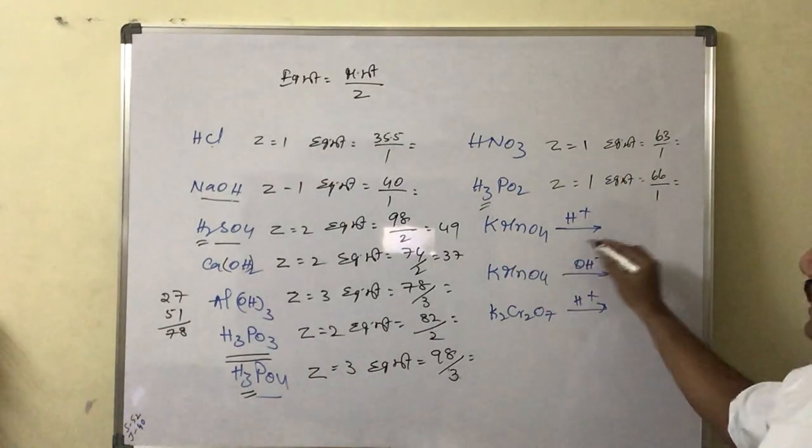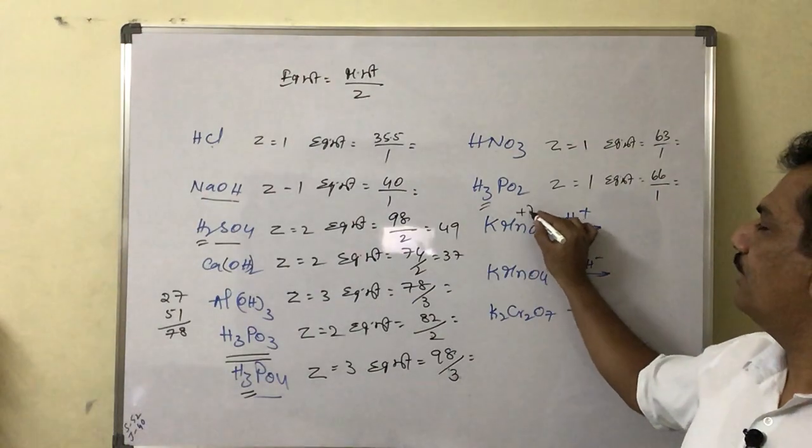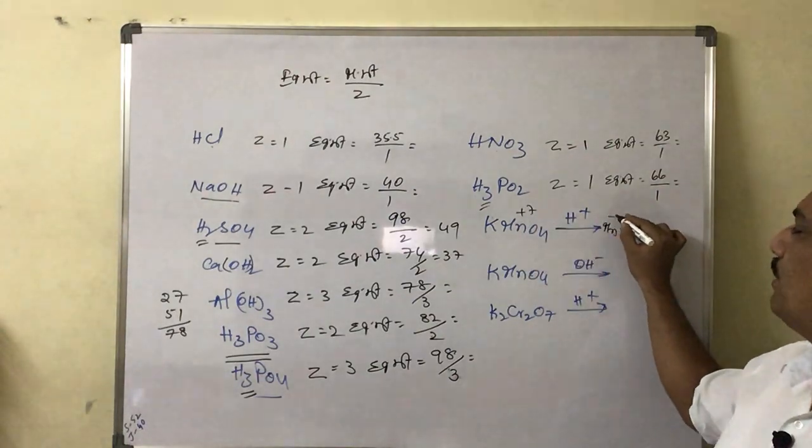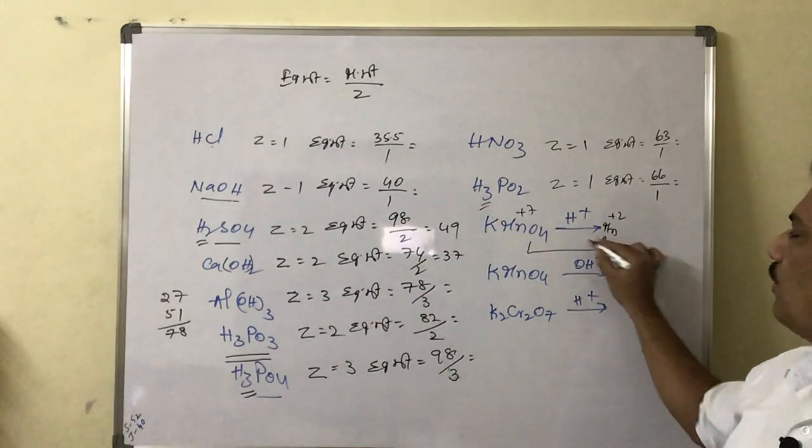For KMnO4 in acid medium, Mn plus 7 is converted to Mn plus 2, so the change is 5 units.